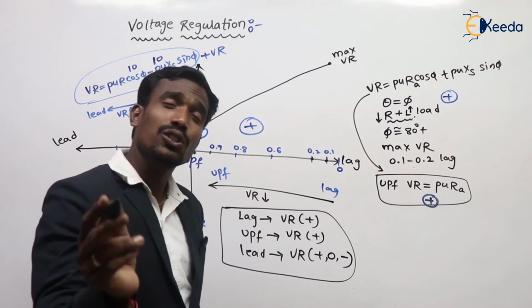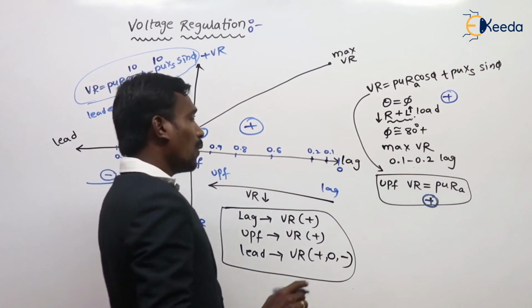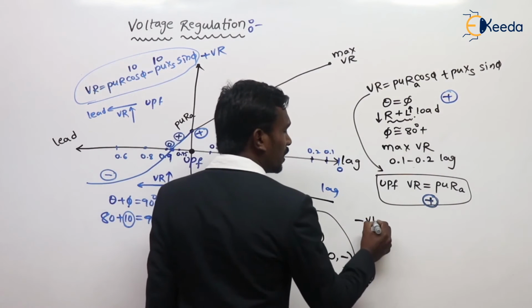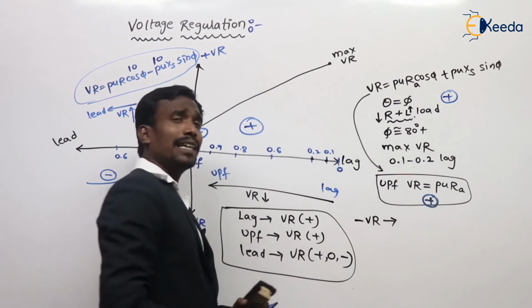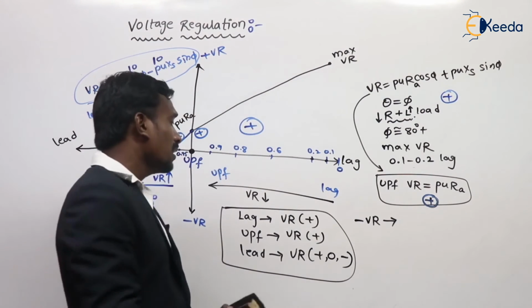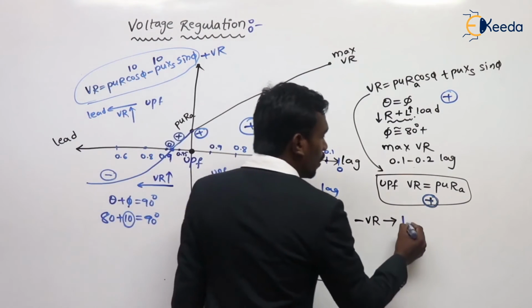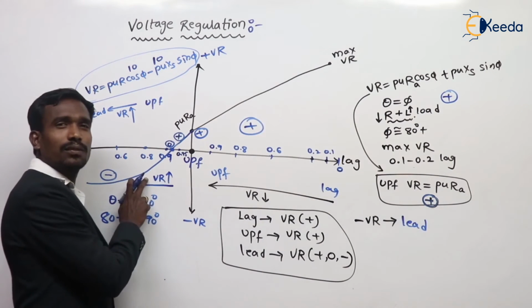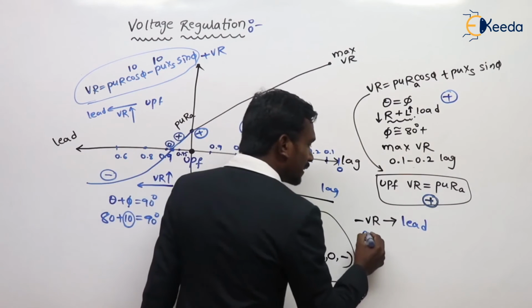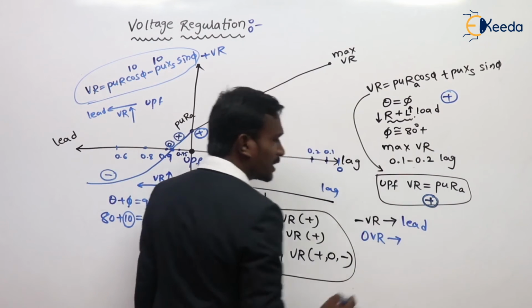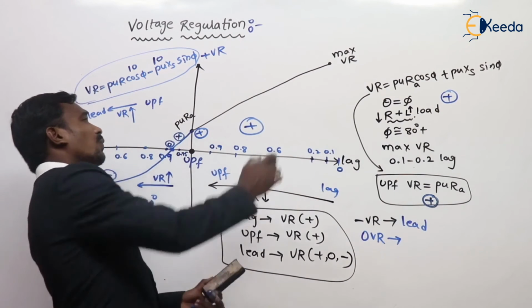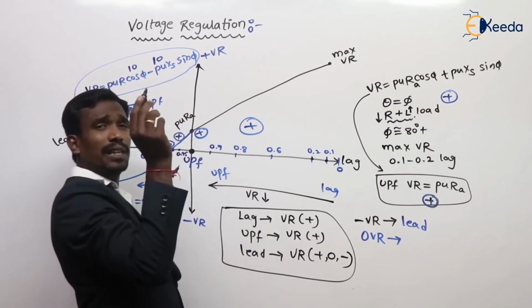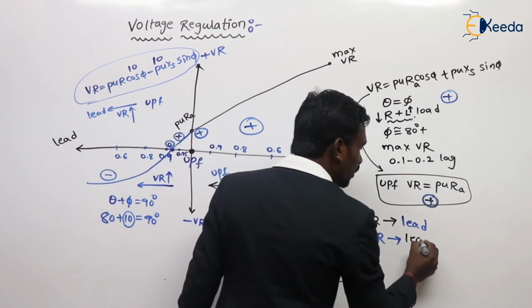They will ask you the question in reverse. Where can we get the negative voltage regulation? Only in leading can we get the negative voltage regulation. Where can we get the 0 voltage regulation? Zero regulation we can get only at leading load.